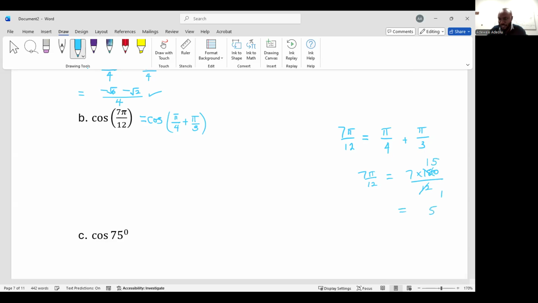That is 105 degrees. Then I know, oh, I can say 60, then 45. So which is pi over 3 plus pi over 4. So I can use that. So whichever one appears easy for you, you can use it.